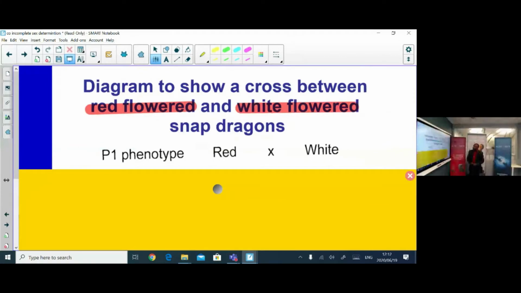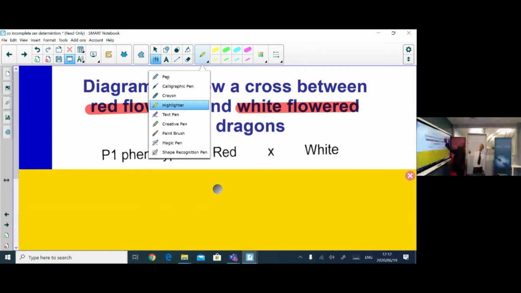Remember, yesterday I emphasized that when dealing with codominance, we use the same letters because we are dealing with the same gene. We do not use different letters to represent our alleles. Let us not make that mistake, my fellow grade 12s. Are we together? So here is our white and red. What starts first? We start with identifying the phenotype.